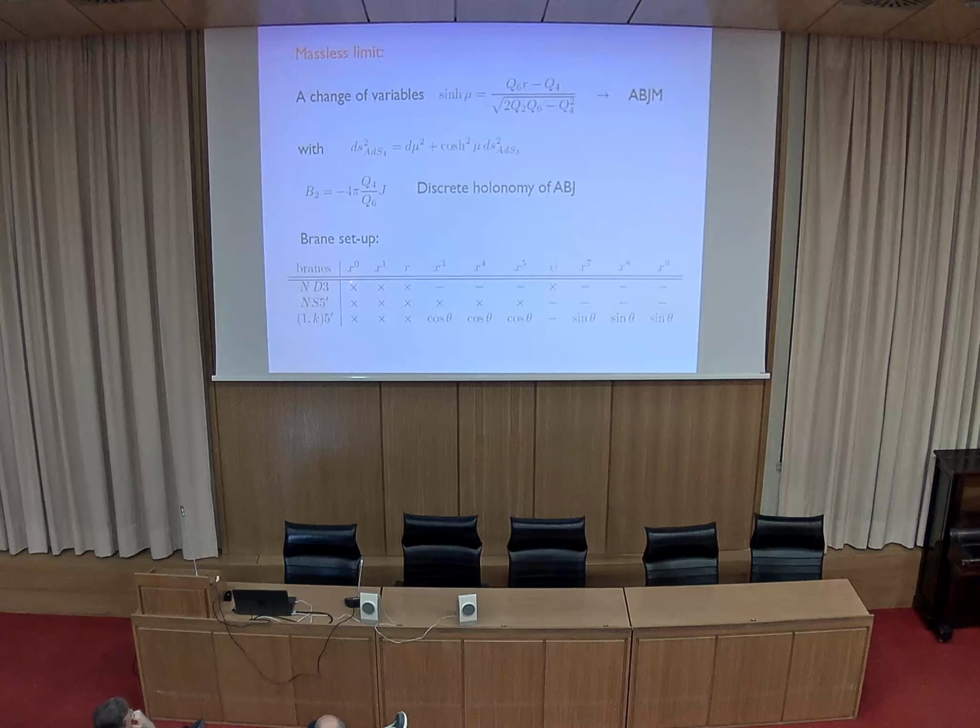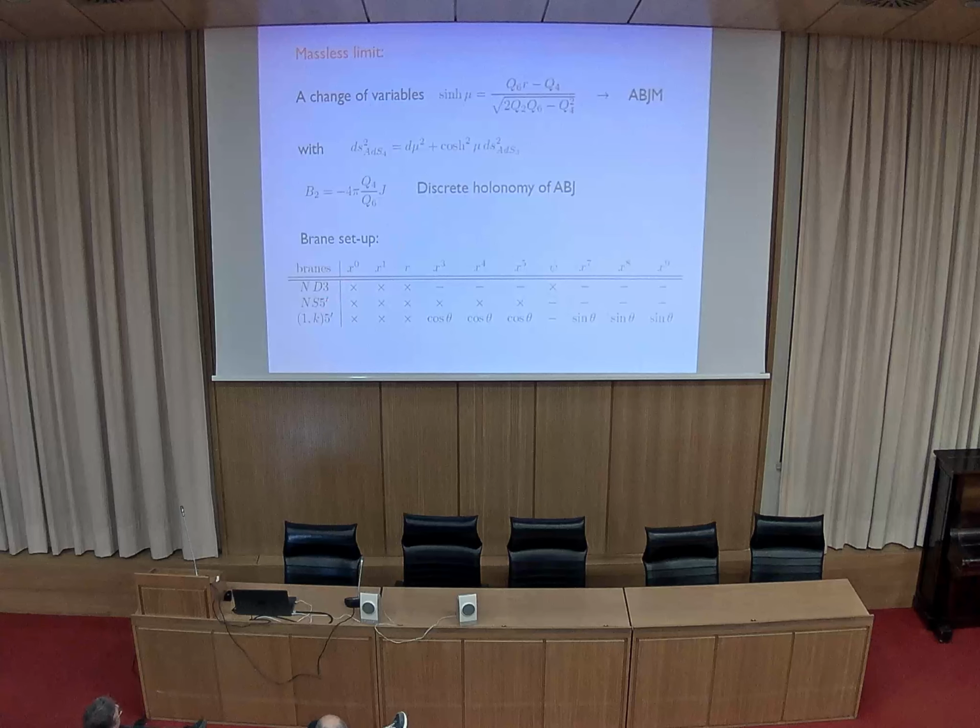So you have at psi equals 0 and 2 pi, this is a circular direction, an NS5 prime brane, and at psi equal pi, this bound state, which is rotated with respect to the NS5 prime branes with an angle that depends on this K.